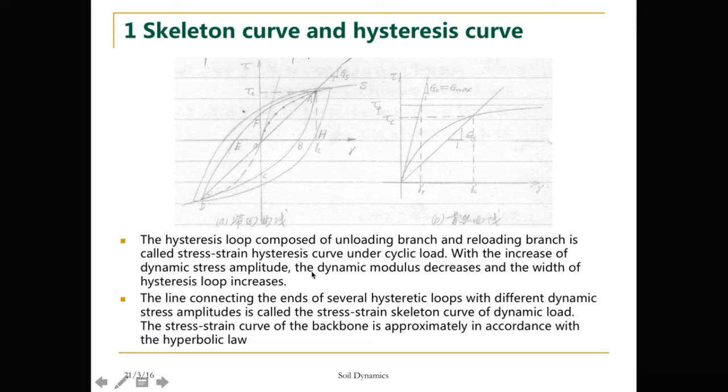And with the increase of dynamic stress amplitude, the dynamic modulus decreases and the width of the hysteresis loop increases. And what's the meaning of the dynamic modulus decrease? Connect to the inverse point. This is a straight line, and the inclination rate of this line is just the dynamic modulus.